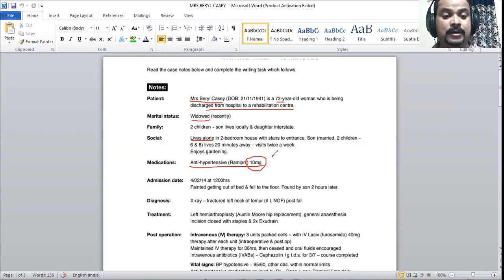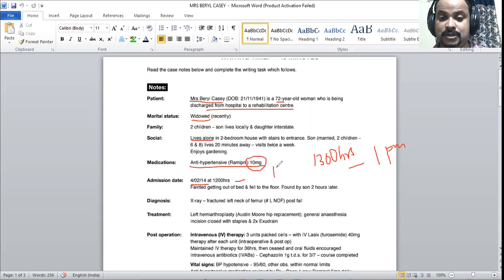So when we go with the admission date, it's 4 February 2014 at midnight. So the 12 hours, in the sense it's midnight. So if you write 13 hours, it is 1 p.m. Okay, no, 12 hours is not midnight.